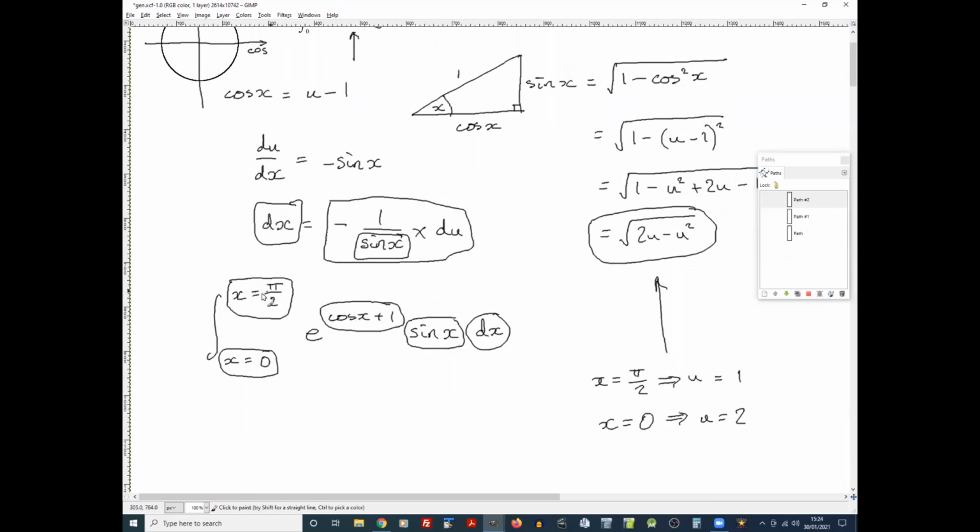Let's replace each and every component. So the upper limit will be 1, which is the u value of 1. If you want to be quite clear, there's no harm, nobody will mind, quite the opposite, if you put u equals 1 there.